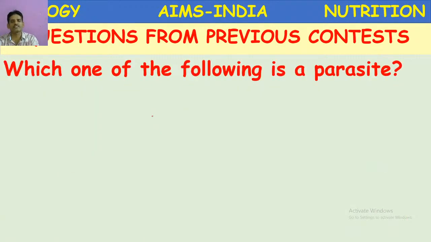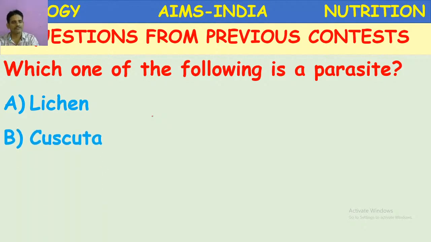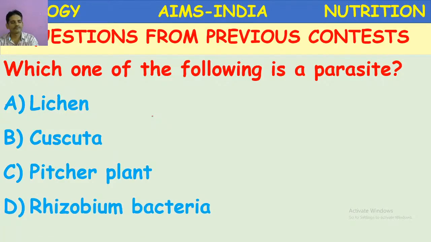Next, which one of the following is a parasite? Lichen, Cuscuta, pitcher plant, Rhizobium bacteria. Lichen is an example of symbiotic nutrition where algae and fungi are mutually associated.